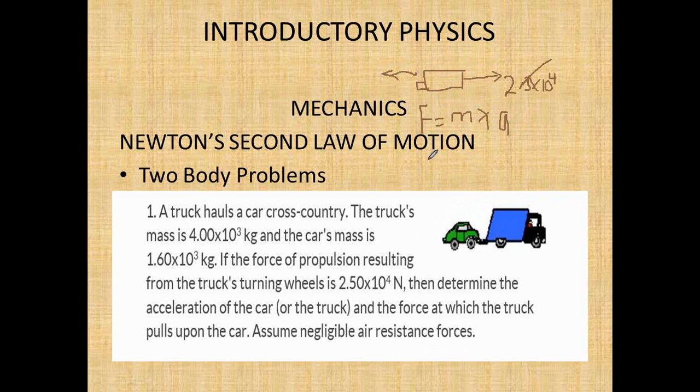So this net force is equal to the mass of the system, which is the small car plus the tow truck, because they're in contact with each other. So that would be 5.6 times 10 to the power 3 kilograms.